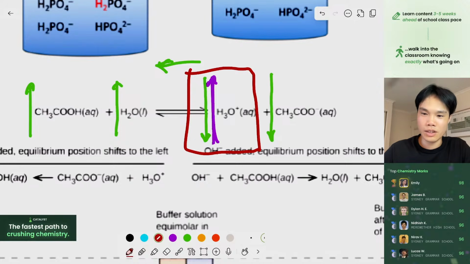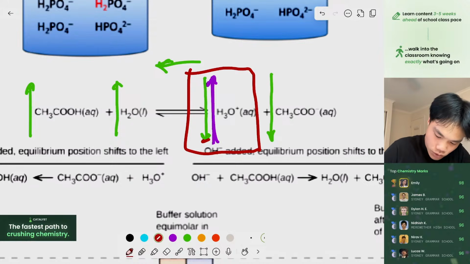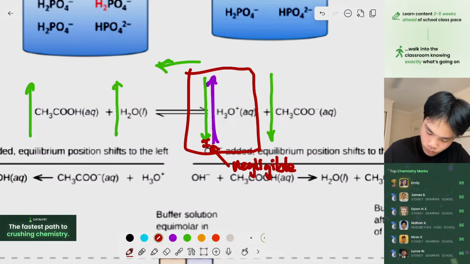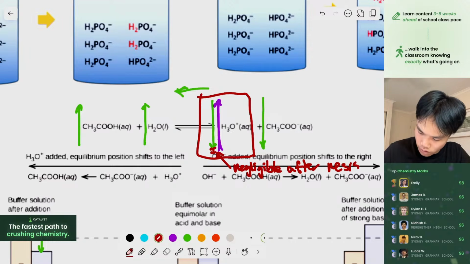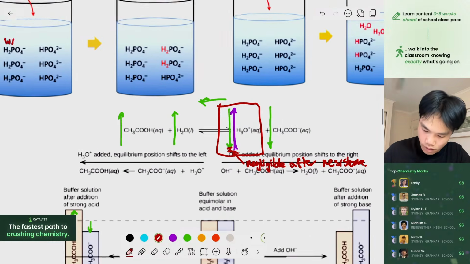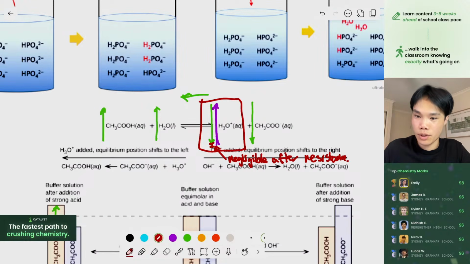Great, night. So pH would remain relatively the same, and we can visualize it because the H3O plus concentration has virtually negligible change after resistance. It's pretty much the same.